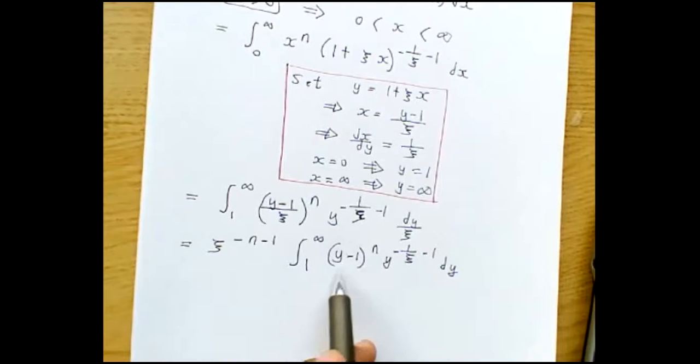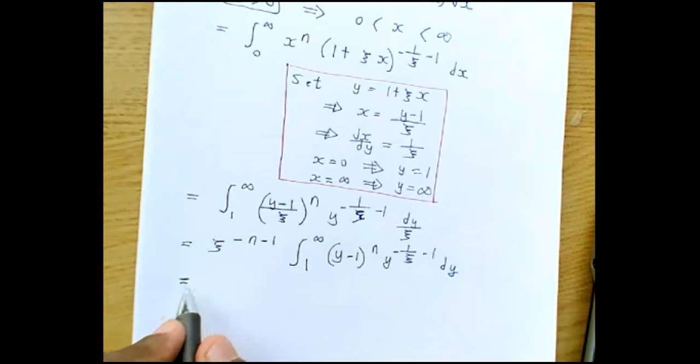Now I'm going to use the binomial theorem, which I gave you a couple of slides ago. I talked about the binomial theorem, so I'm going to use that to expand this term here. If you do that, you will get this.